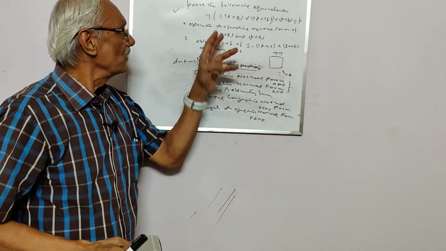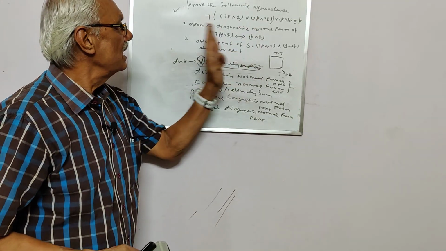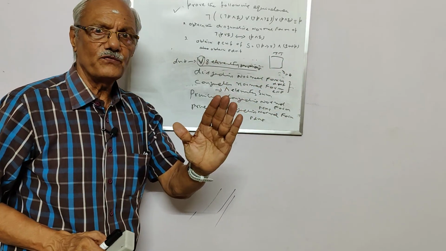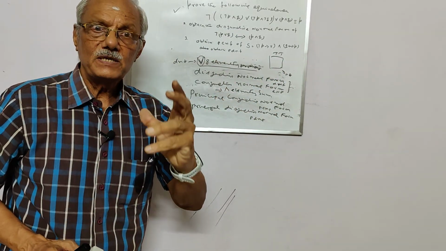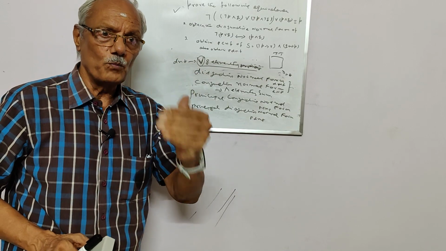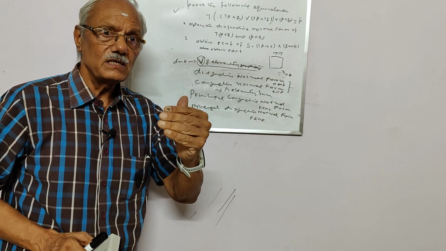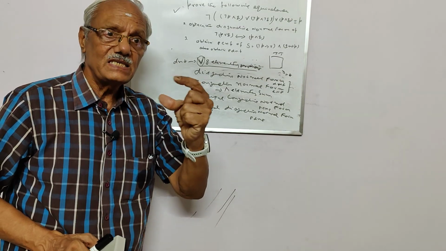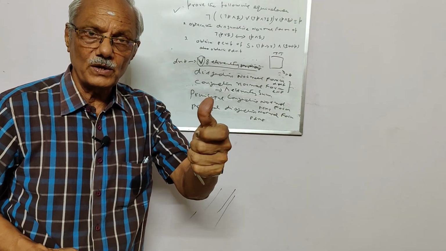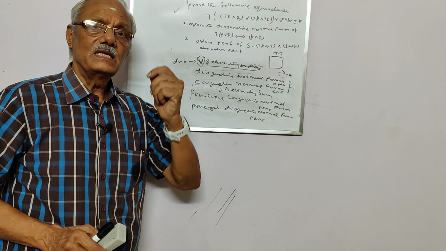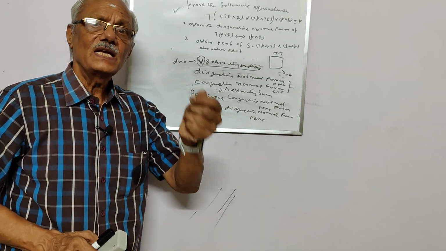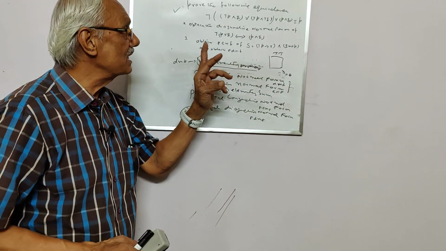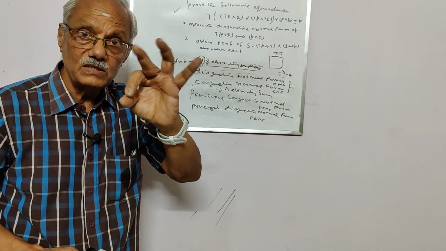When I say disjunctive normal form, it means expressing the given compound proposition in the form of a disjunction of elementary products. If it is the conjunction of elementary sums, then it will be called conjunctive normal form. Keep this in your mind.